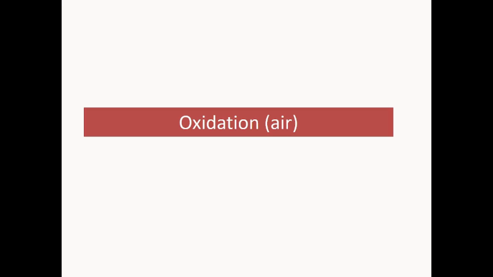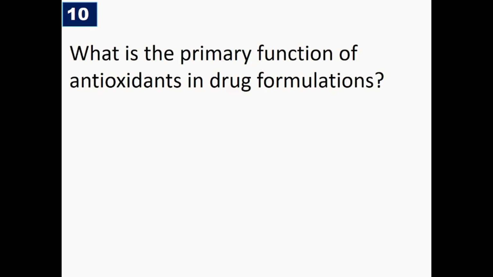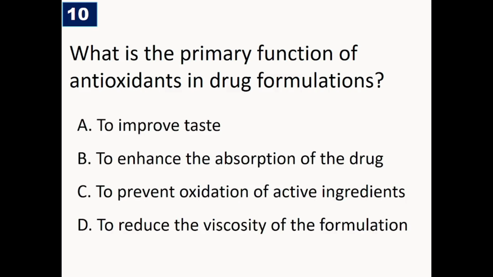Next is the effect of air or oxidation on drugs. What is the primary function of antioxidants in a drug formulation? A. To improve taste. B. To enhance the absorption of the drug. C. To prevent oxidation of active ingredients.